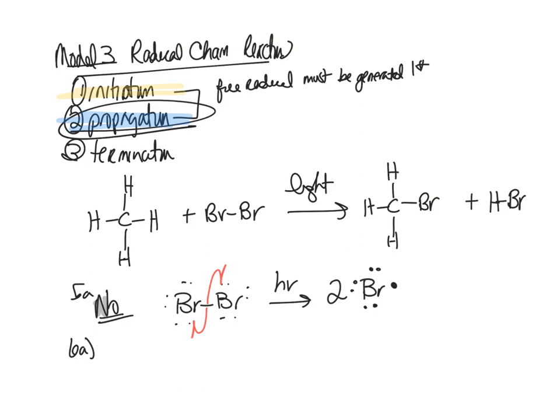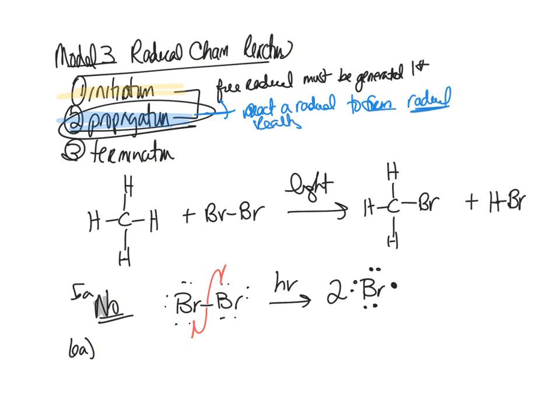What has to happen chemically in order to continue the radical chain reaction? Well, a radical has to react to form a radical.